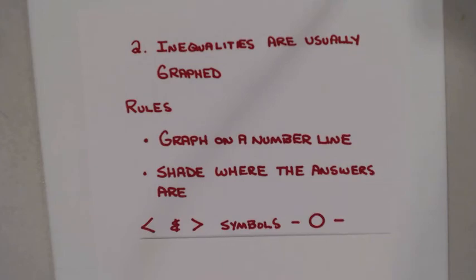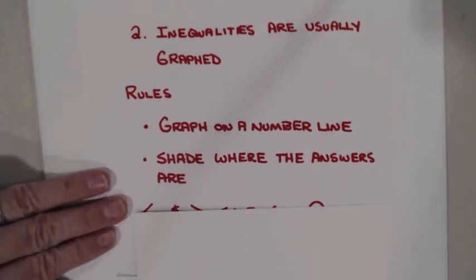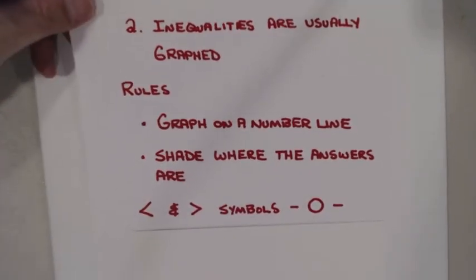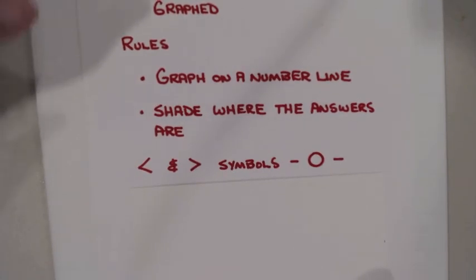So to do that, we need to look at these symbols right here. These symbols, less than, greater than, you are going to put an open circle on the number because the number is not an answer. You're not shading that in.